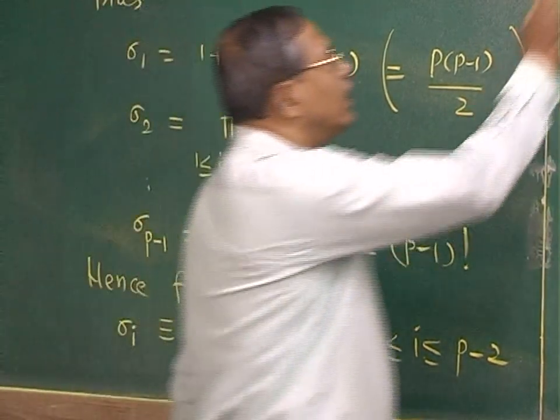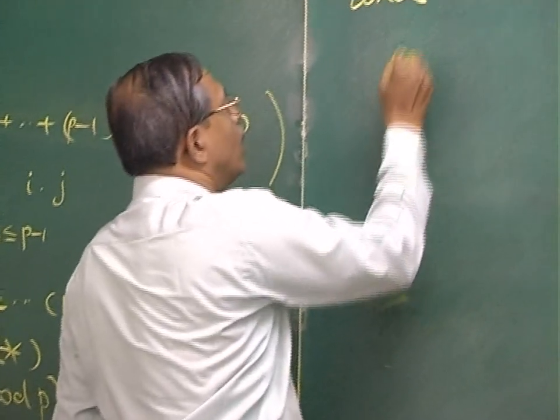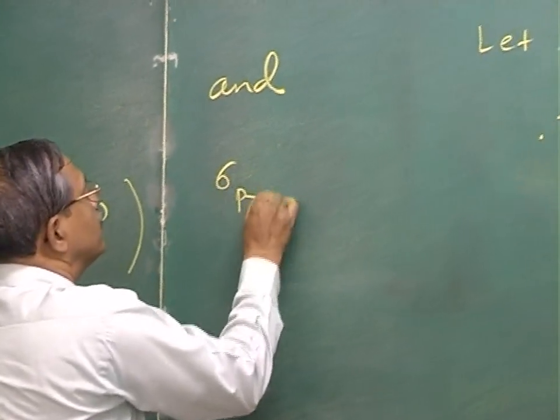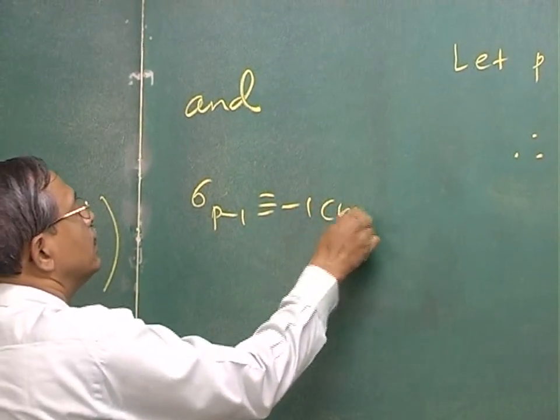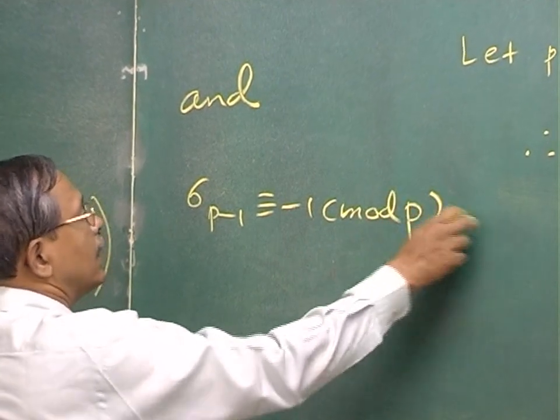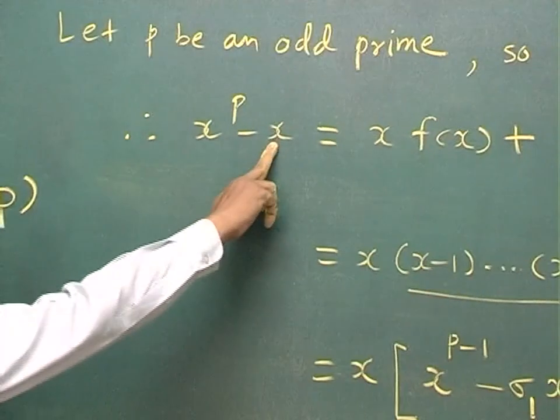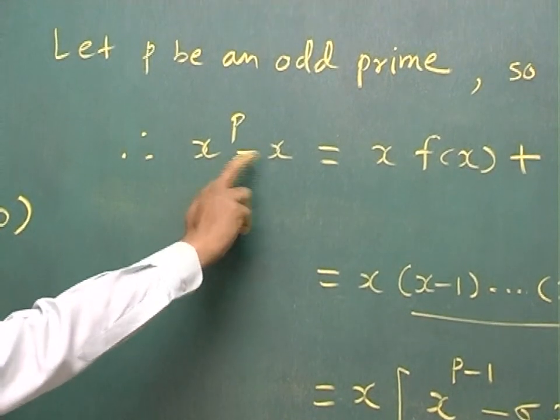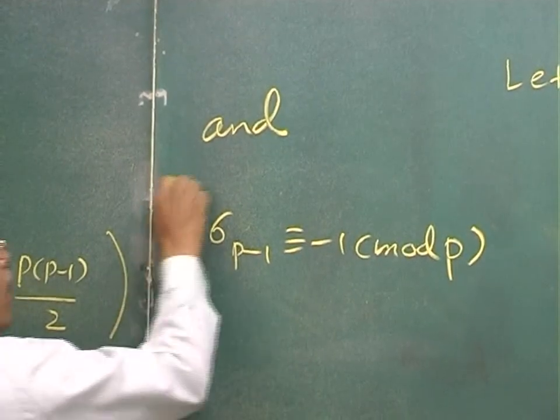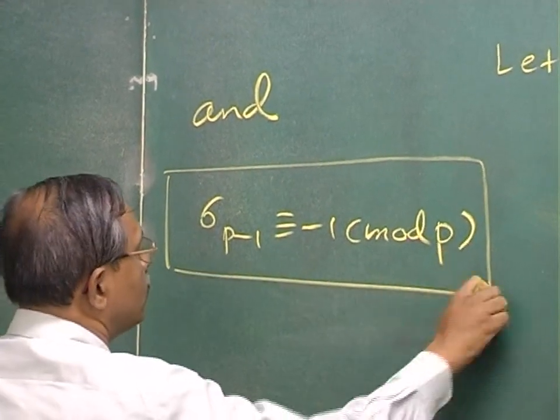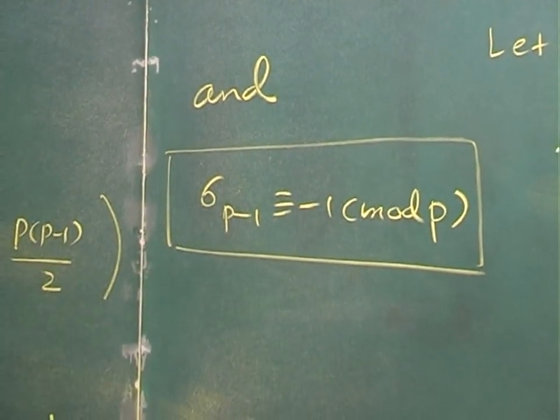And what is sigma p minus 1? It is congruent to minus 1 mod p. That is the coefficient of minus x. So this minus x coefficient is minus 1. That is congruent to sigma p minus 1 mod p.